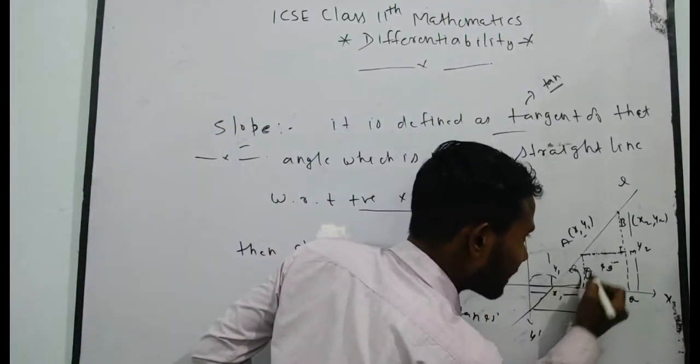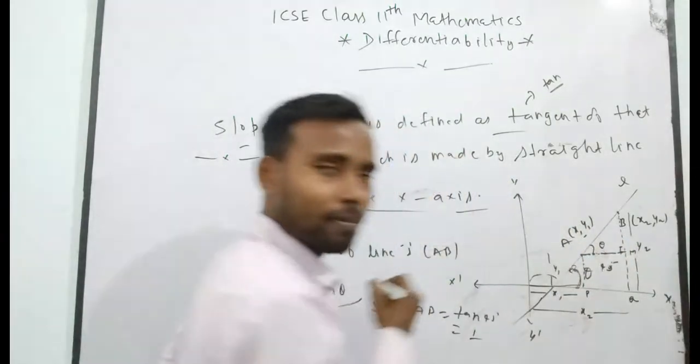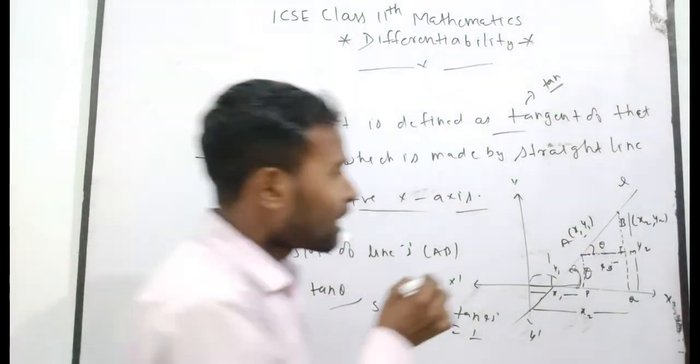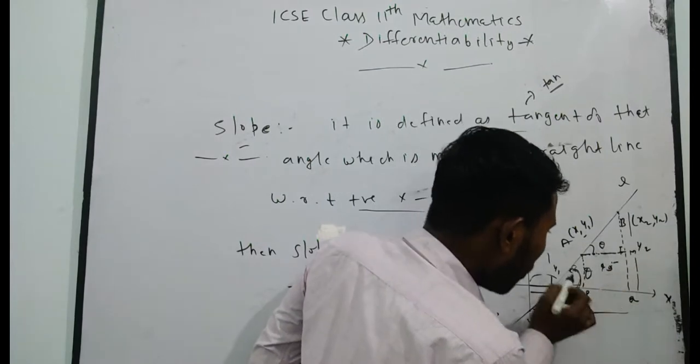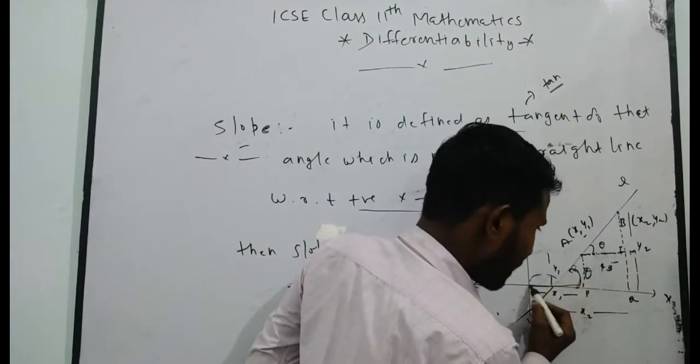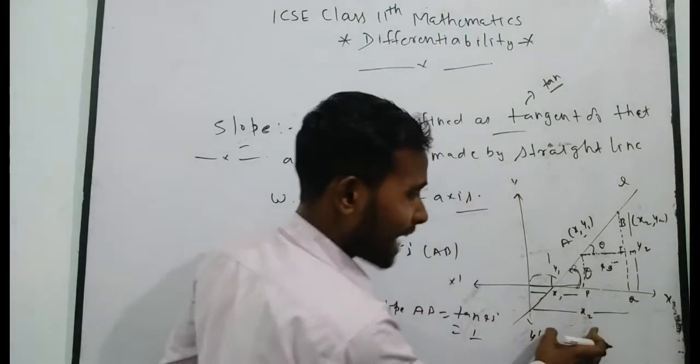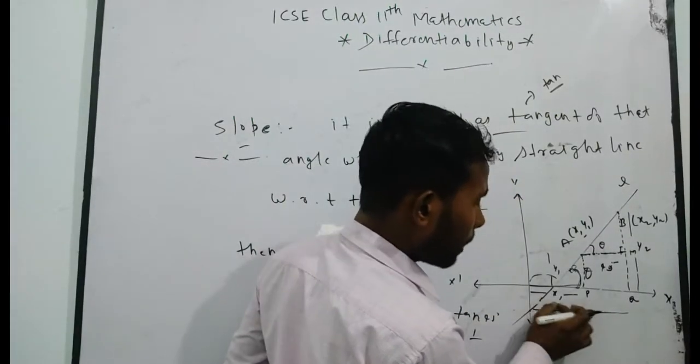If this angle is theta, then this angle is also theta by corresponding angles. And as you know, the length OQ will be x2 and OP will be x1.